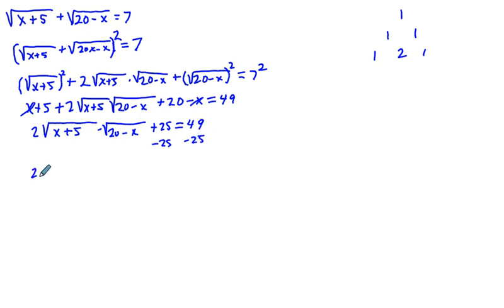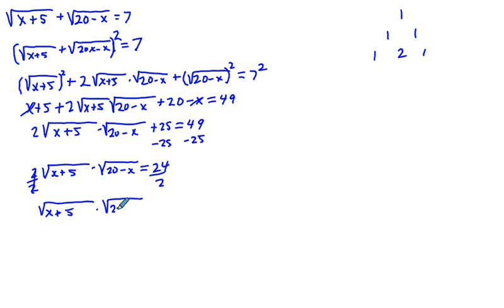So on the right side, we have 49 minus 25, which is 24. Now we're going to divide both sides by 2. And when we do that, we have the square root of quantity x plus 5 times quantity 20 minus x is equal to 12.